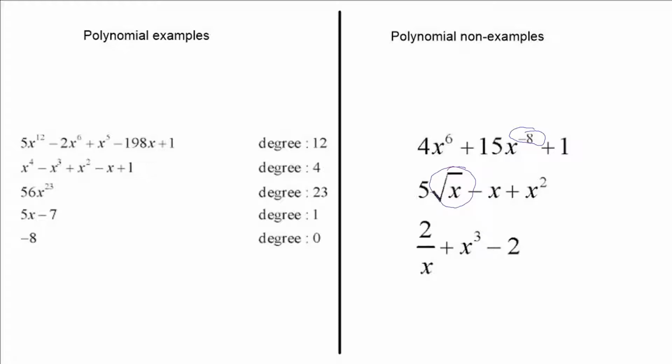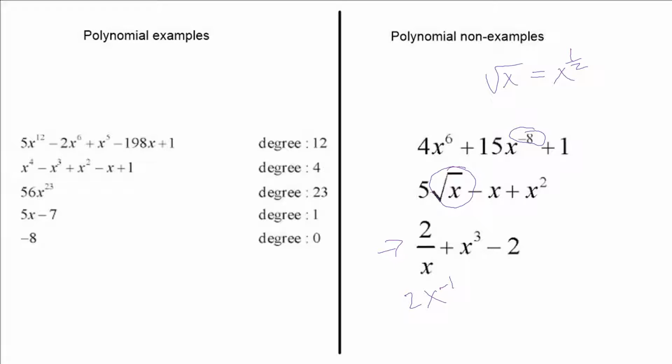And if you're wondering why this one is a fractional power, it's because the square root of x is the same as writing x to the 1/2. Whereas what we have here on the bottom, this can be rewritten as 2 times x to the -1. So again, on the right, there are negative and fractional powers.